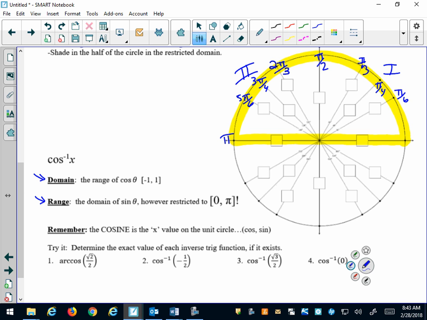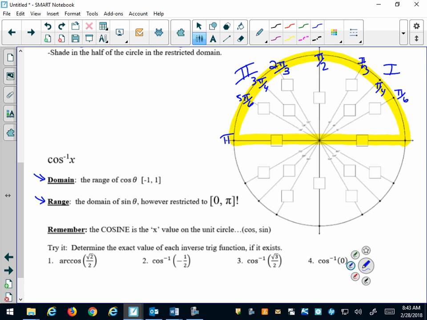These two things were mentioned on the page before. I didn't really talk about it, but if the inverse is talking about inputting a value and outputting an angle, like your answer is going to be an angle measure, right? That's the inverse of what you would do with regular sine or regular cosine.